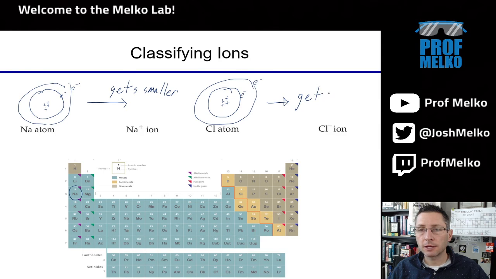So the takeaway here, now that you're learning something about ions, is that anions are larger than the neutrals. Cations are smaller than the neutrals. So sodium is bigger than sodium plus. Chlorine is smaller than chlorine minus. Just to relate back to our concepts of atomic radii from previous lectures.